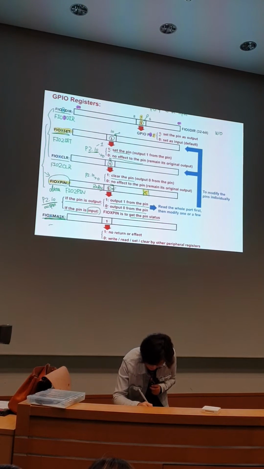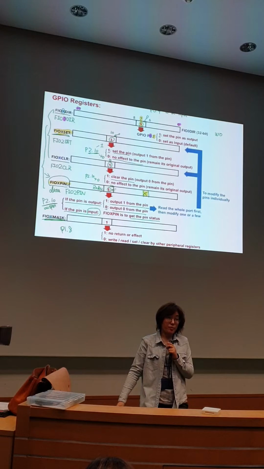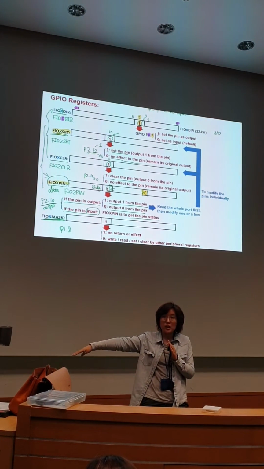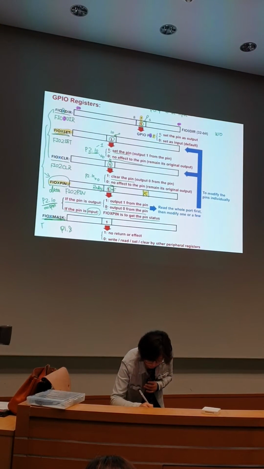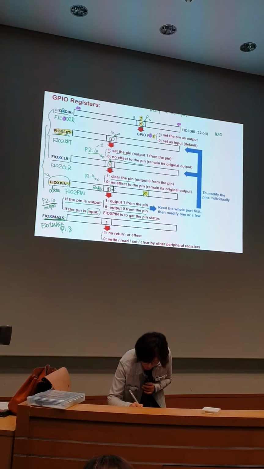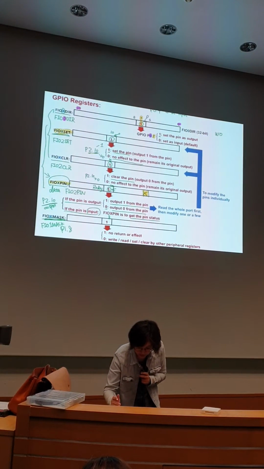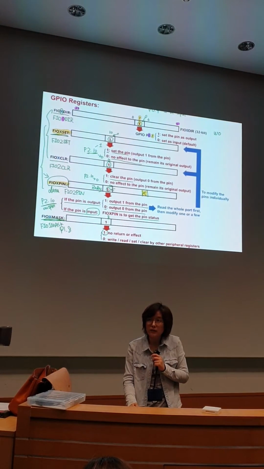So at a certain location, let's say P1.8, you don't want to touch this pin. So this is something that you never want to touch accidentally. What you can do is you go to FIO1 mask and the bit 8 location, you set this particular bit to 1.